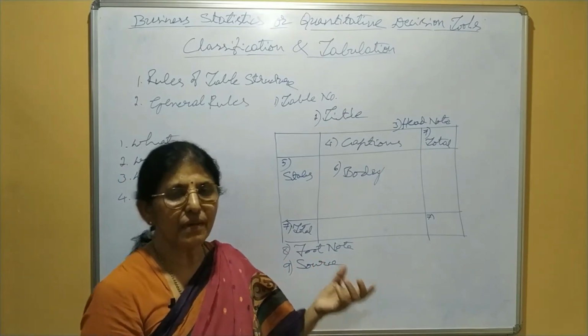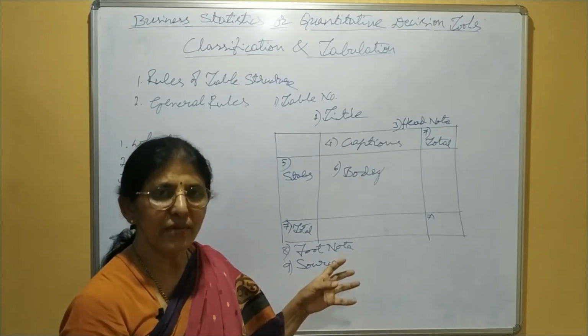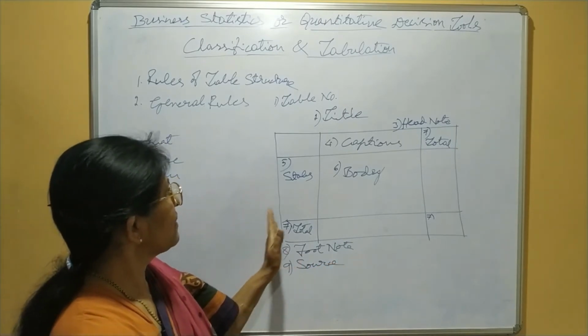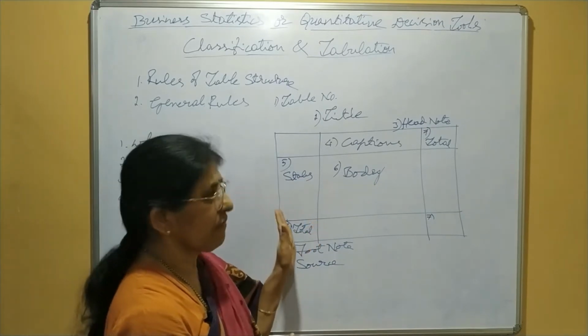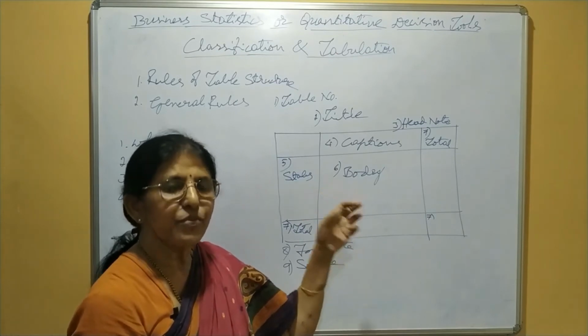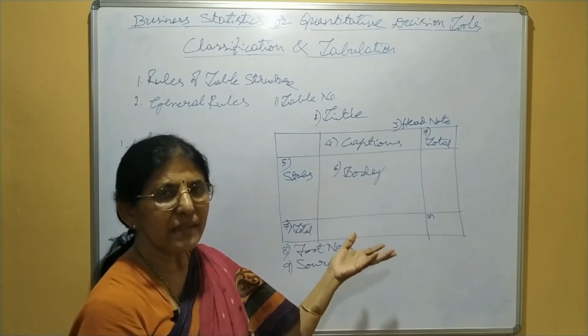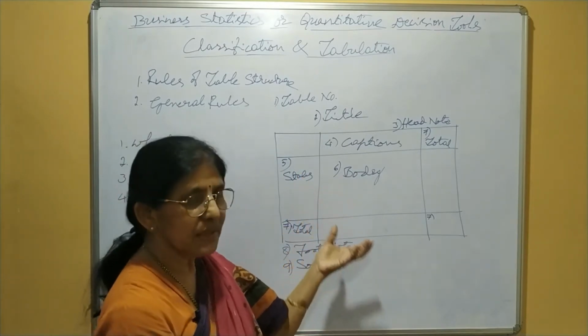Therefore, the width of columns and rows must be taken in proportion to the size of the figures. And when we have to accommodate more than one characteristic, like 3 characteristics, 4 characteristics, then we have to take subcolumns and subrows.